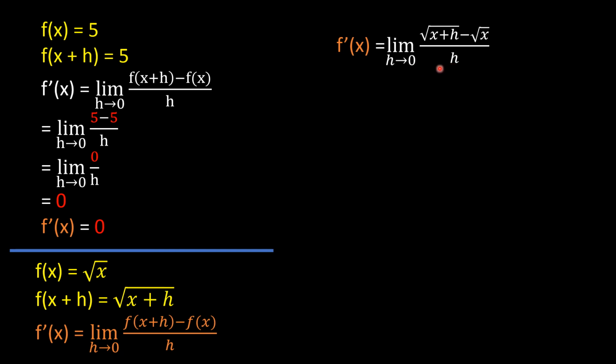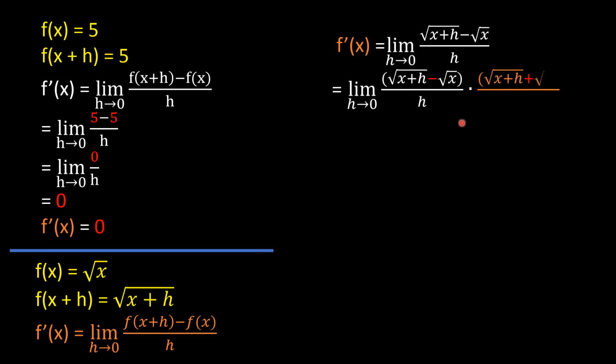Here, if we put h equals 0, the denominator becomes 0. Therefore, we have to solve the numerator. Numerator contains radical terms, so we will multiply this function by the conjugate of the radical terms. So in the next step, we will write under root x plus h plus under root x divided by under root x plus h plus under root x.